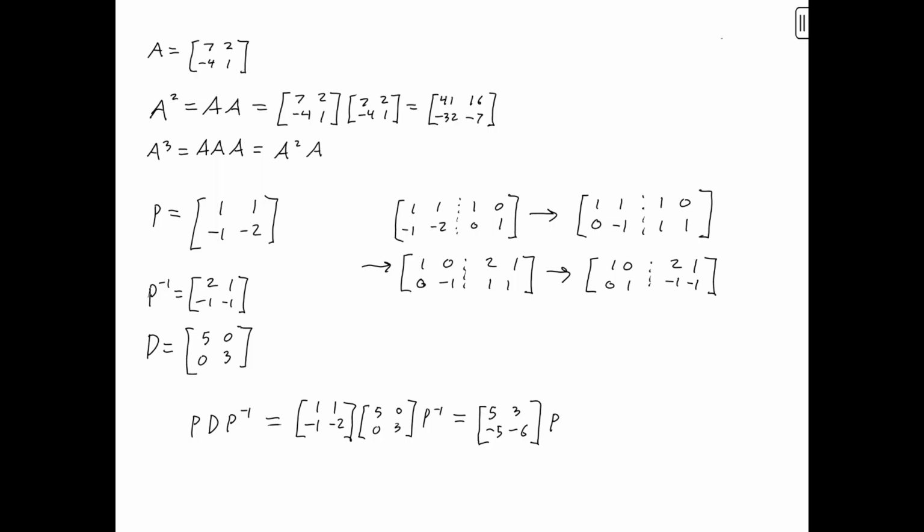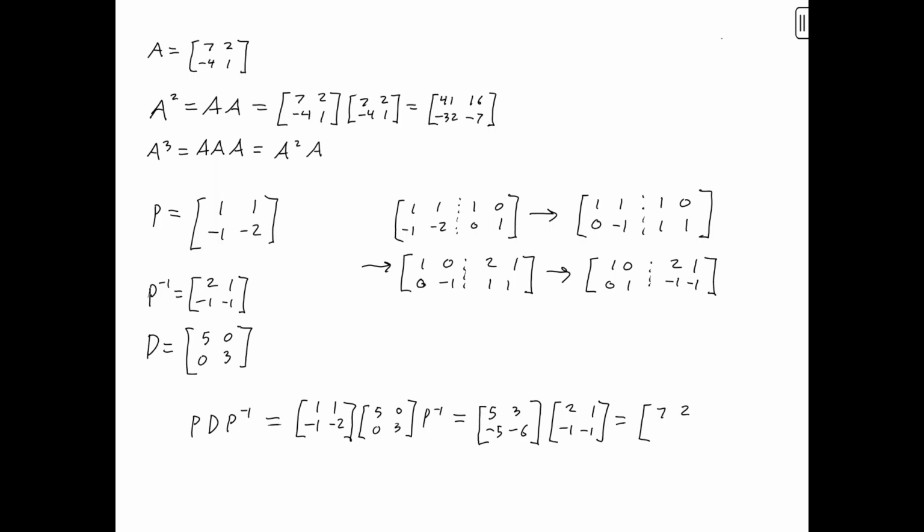And then I multiply that by P inverse. I'm multiplying it by the matrix [2, 1; -1, -1]. And when I do that, I get 10 minus 3 is 7. And then I get 5 minus 3 is 2.